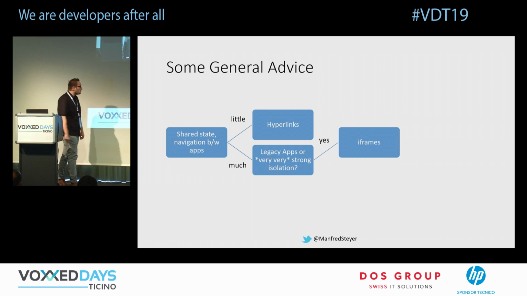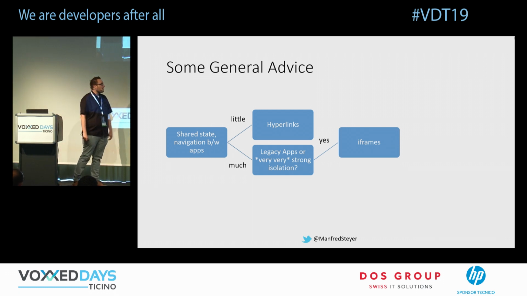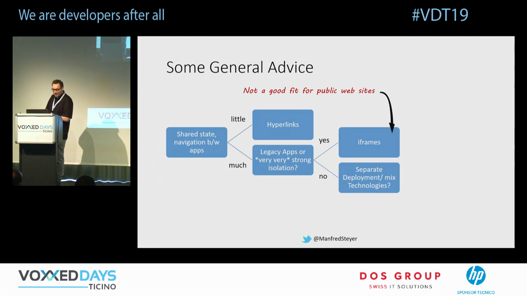If you say no, you don't have to respect legacy. I mean, who of us has legacy? No one has legacy, do we? And if you don't need a strong isolation, then the next question is, do you need a separate deployment or a mix of technologies?